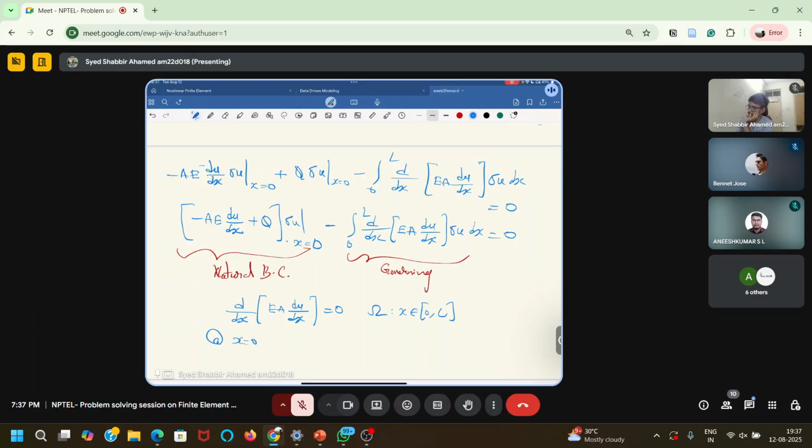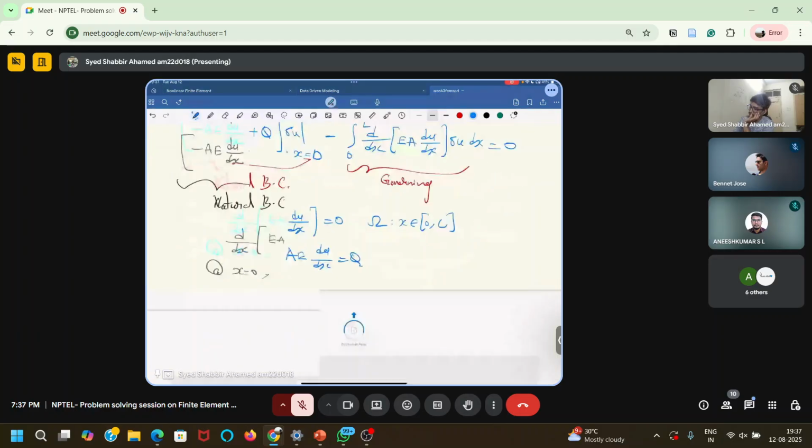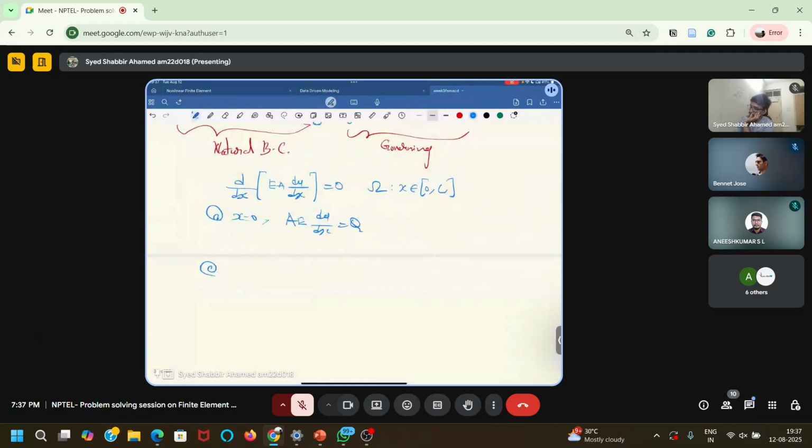And at x is equals to 0, this is our boundary condition, right? A into du by dx is equals to u. And at x is equals to L, we already know there is a natural boundary condition, which is u is 0, or u of L is equals to.